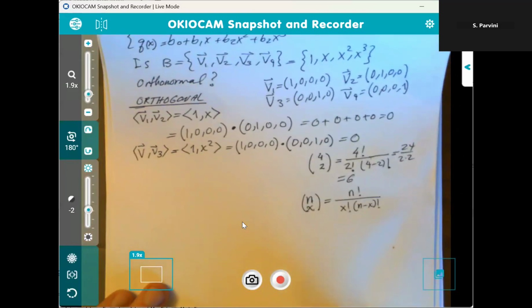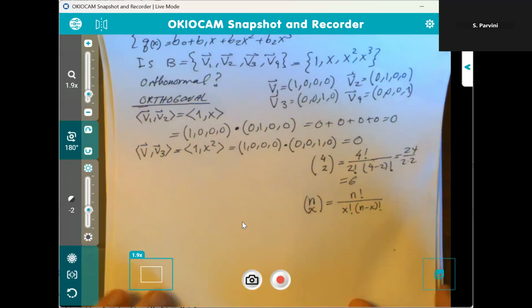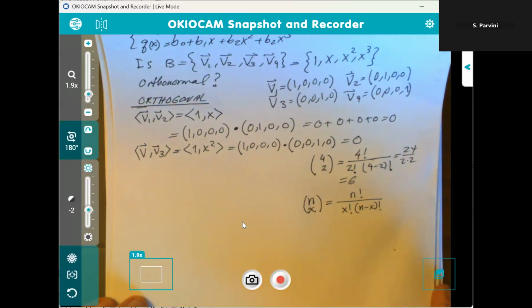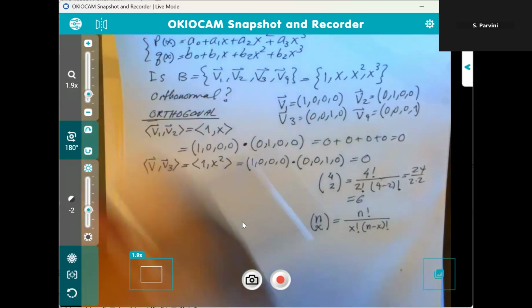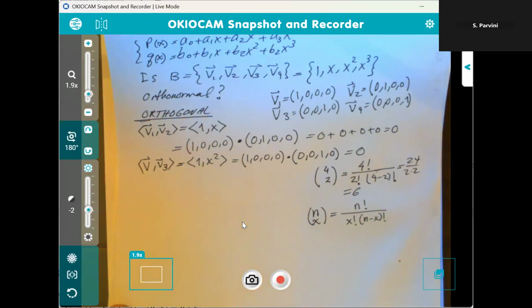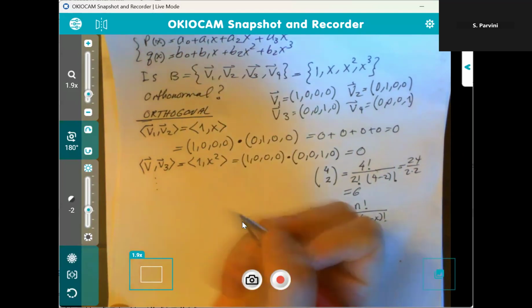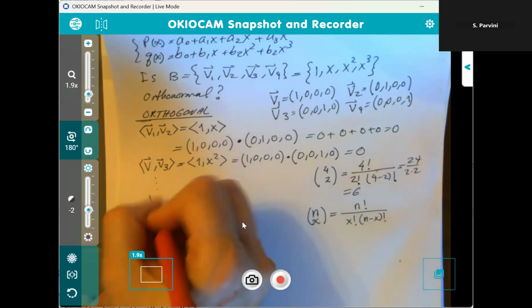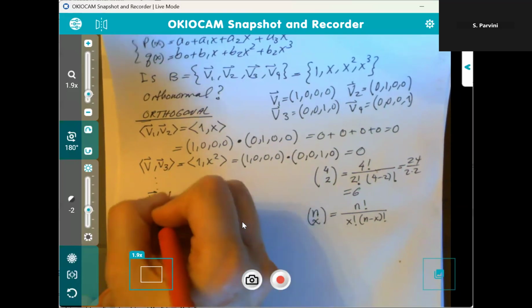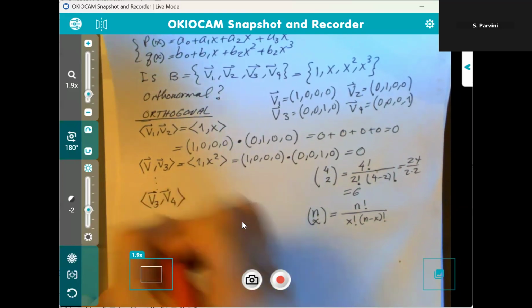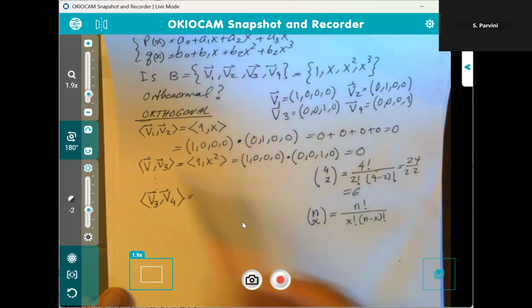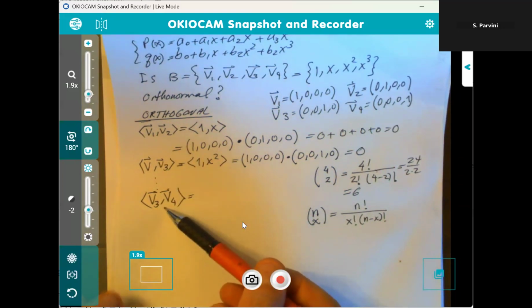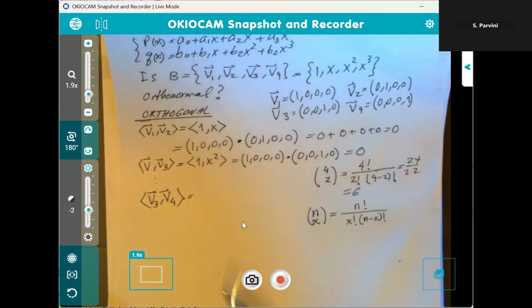There are 6 pairwise comparisons of these 4 vectors. We've done 2 of them. You can show the other ones. Let me do one more, with V3 and V4. We really have to show all 6 of these, folks. I've shown 2. This is the 3rd one. Feel free on your own to show the other ones.